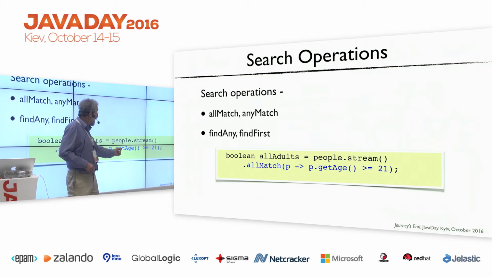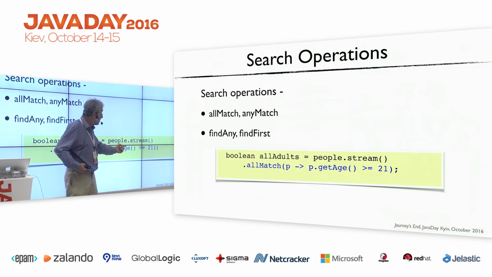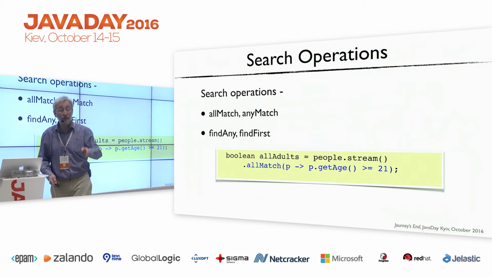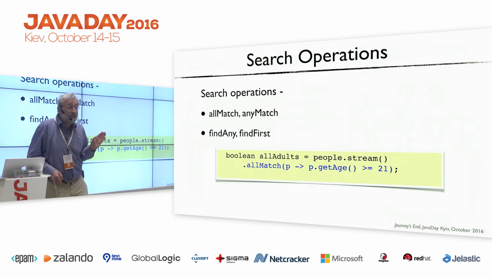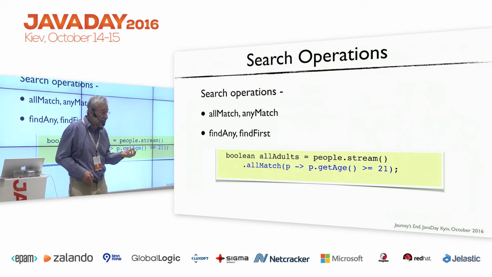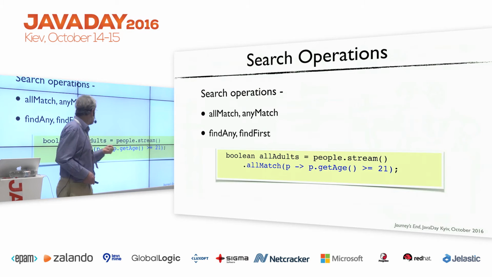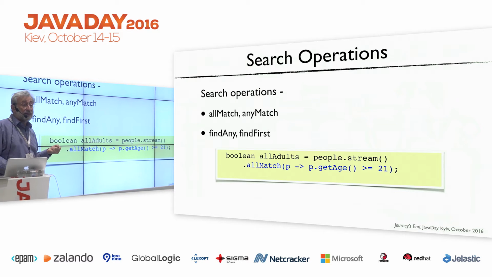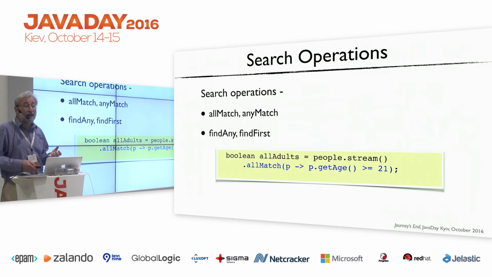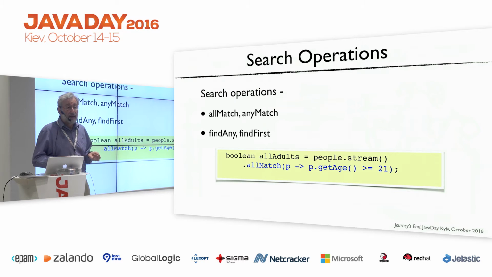It'll see whether the age of each person object in turn is greater than or equal to 21. If it finds one that isn't, it doesn't need to do any further evaluation. At that point, because it's going to return false, the processing of the stream can stop completely.